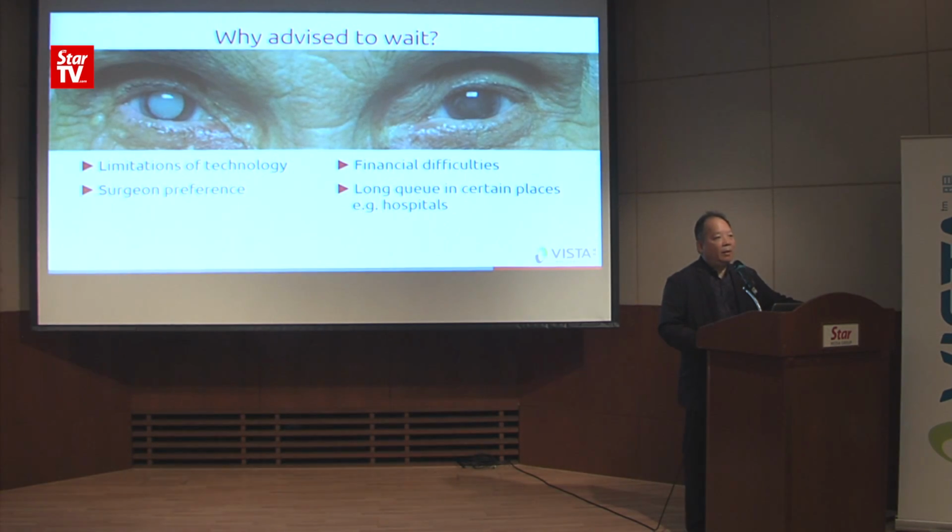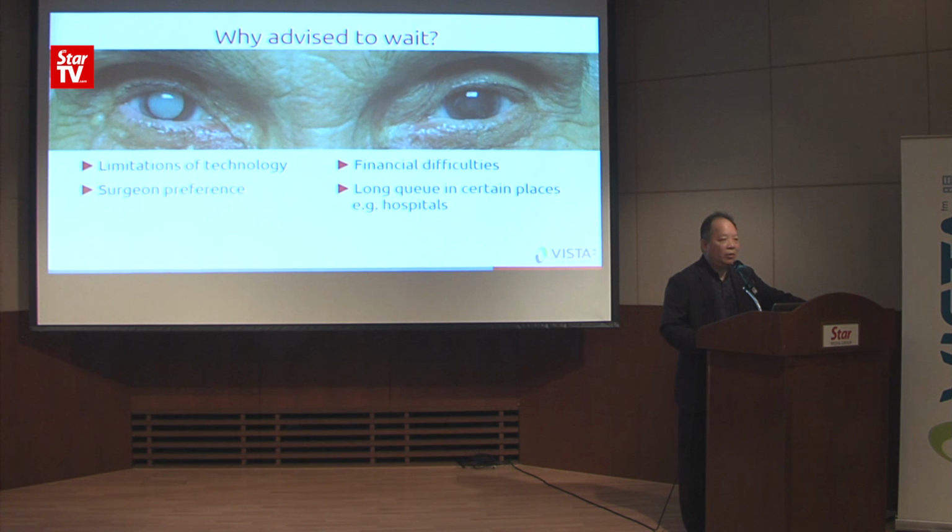But then, why do some patients still wait? We know that patients who have cataract still wait. Some surgeons prefer to wait. They don't want to do cataract surgery when they feel that the cataract is still early. It's the surgeon's preference. And sometimes it's the patient's financial status. They have problems searching for money.